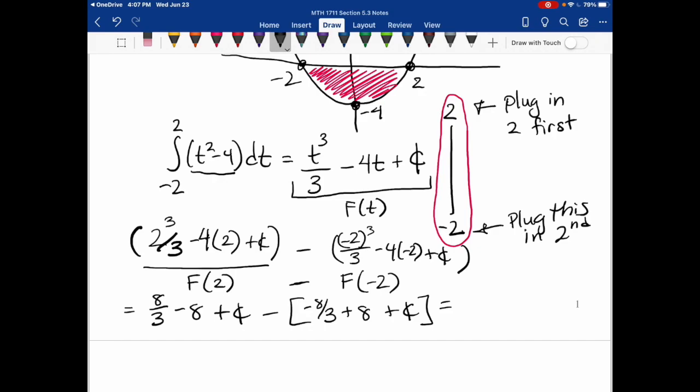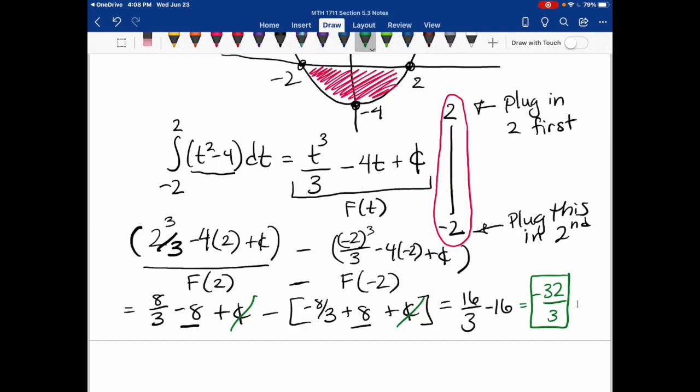So I have 8 thirds minus a -8 thirds. So that's going to give me a positive 16 thirds. Then I take -8 and I subtract an 8. That's going to give me a -16. And then I have this constant minus this constant. Those two disappear. And then what I'm left with, once I simplify this, I'm going to get -32 over 3.